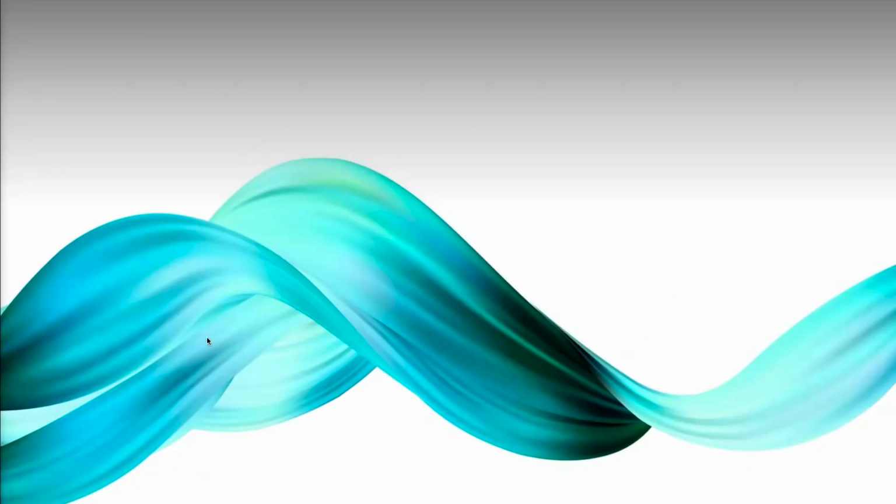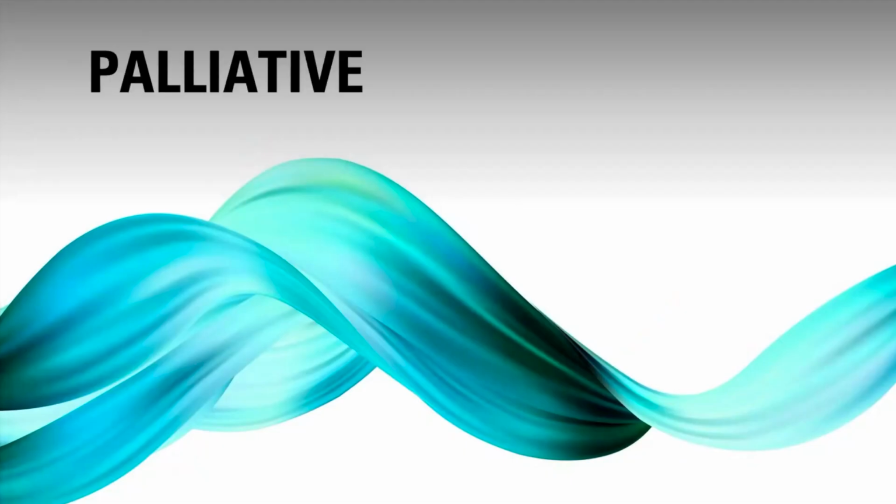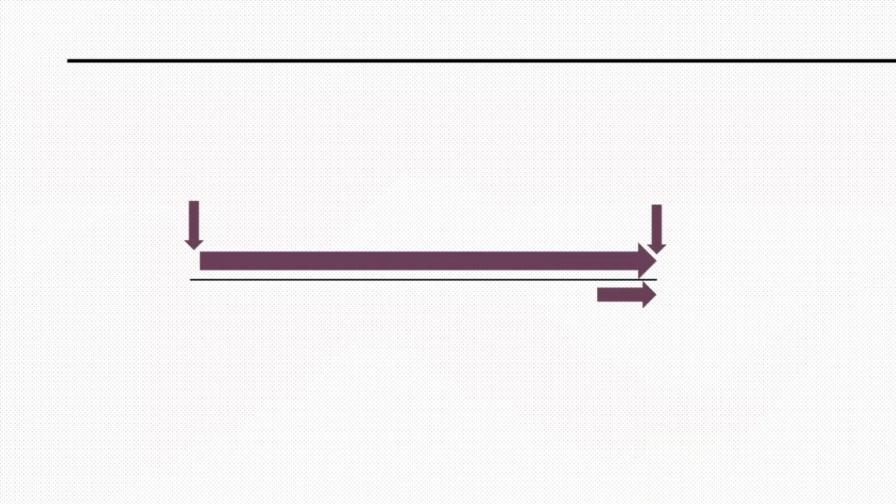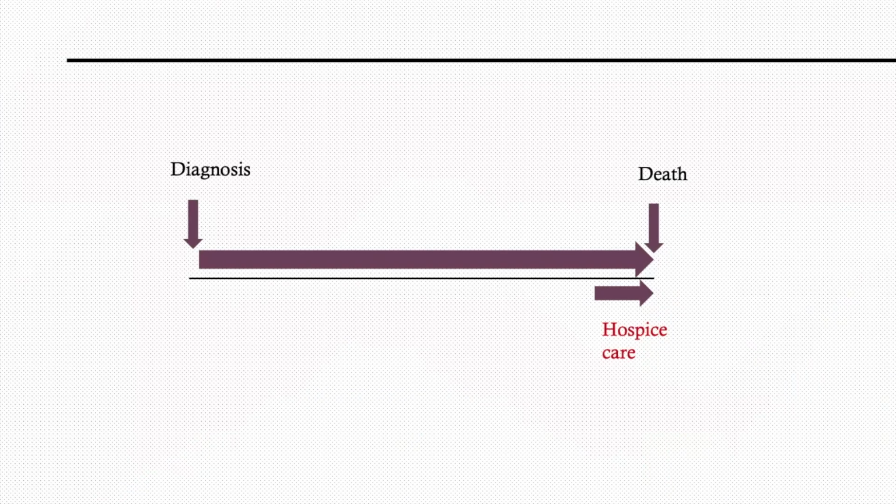And today we are talking about the difference between palliative care and hospice care. So, when you've been given a life-limiting diagnosis, your life becomes a bit of a timeline between diagnosis and the end of your life. And hospice care is actually the care we deliver to people at the very end of their life.